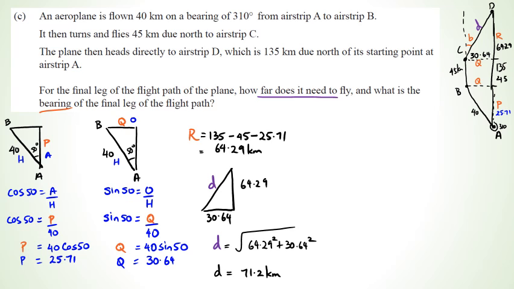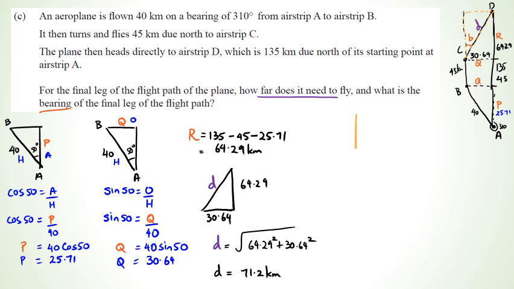Now, that's just figured out what the distance is, but you also need to figure out what the bearing is. So to figure out the bearing, I've actually said I'd like to do B, but I mean, if you think about it, I'm going to see if I can try and draw another triangle there. So I'm looking at this yellow triangle now.